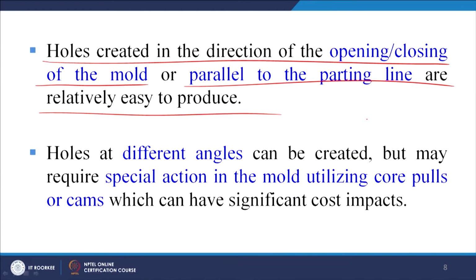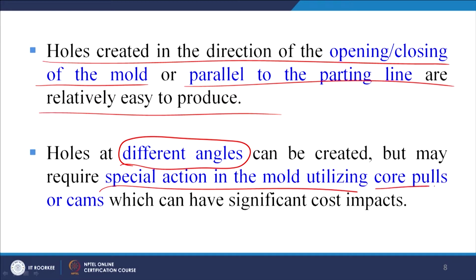So holes created in the direction of the opening and closing of the mold or parallel to the parting line are relatively easy to produce, but holes at different angles, which I have already highlighted, can be created but may require special action in the mold utilizing core pulls or cams, which can have significant cost impacts.